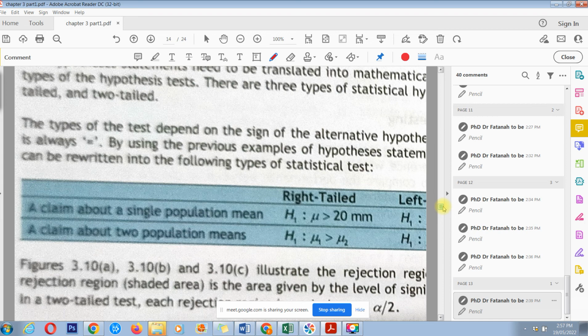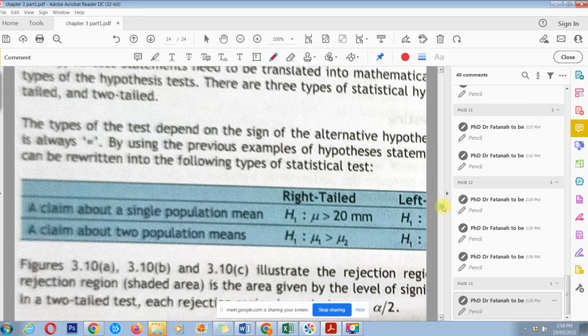It depends on the question. If we want to find there is no difference in the mean number of defective items between the two machines, that is the null, and mu 1 not equal to mu 2 represents that there is a difference in the mean number of defective items between the two machines.